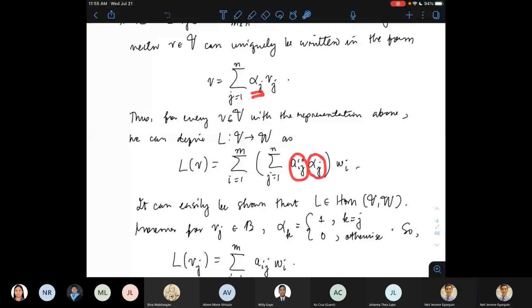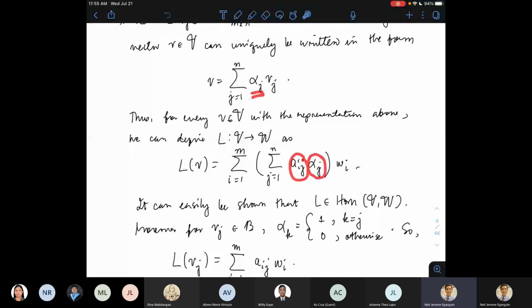Okay? Then, what I'll do is I will have that alpha j multiplied by elements from the jth column of Aij. And then I'll take the sum of all those products. Okay? So this is well defined.